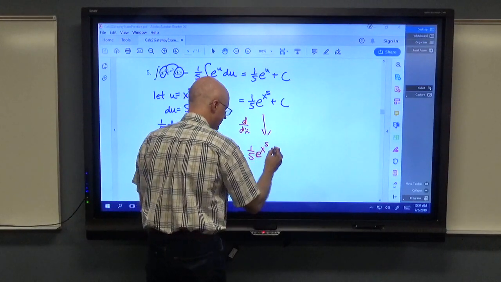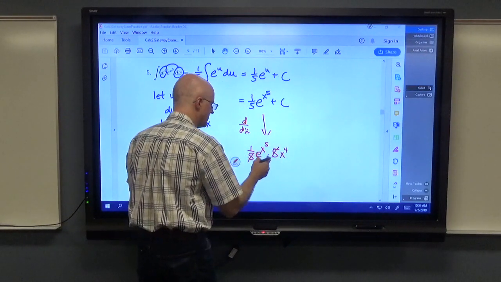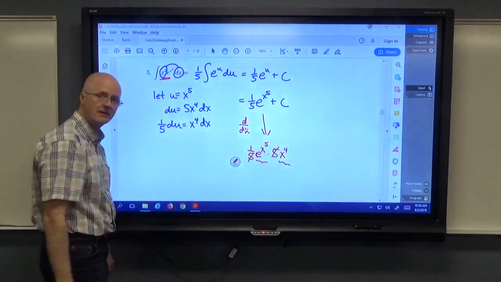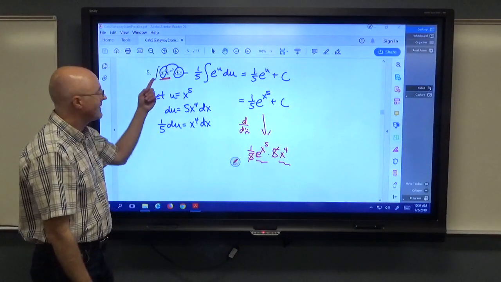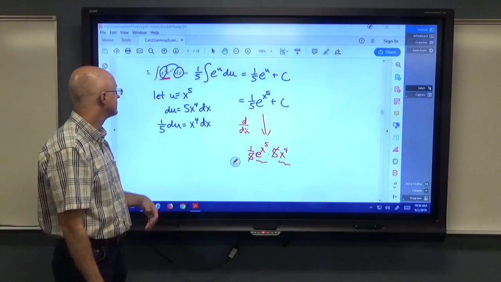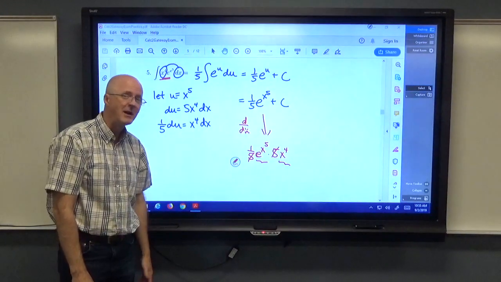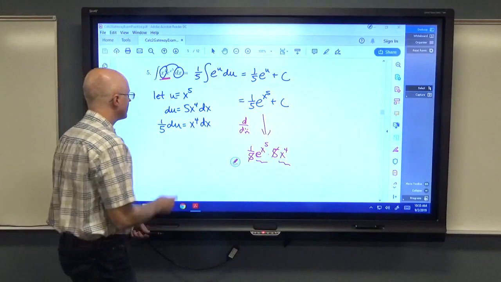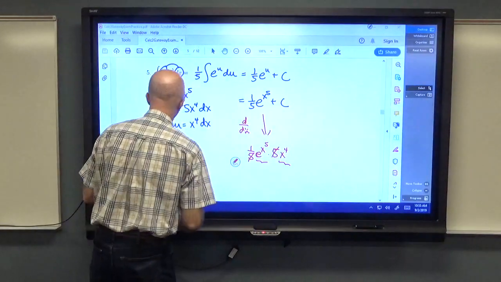Times the derivative of x to the 5th, which is 5x to the 4th. 5's cancel, leaving you with e to the x to the 5th times x to the 4th, same as the original integrand. Okay? So it does work. You know, if that were not an x to the 4th, if it were an x to the 3rd, or x squared, or x to the 6th, it'd be less clear if this method would work. Might still, but you might have to do other things as well. So the fact that this is an x to the 5th and this is an x to the 4th made this work.